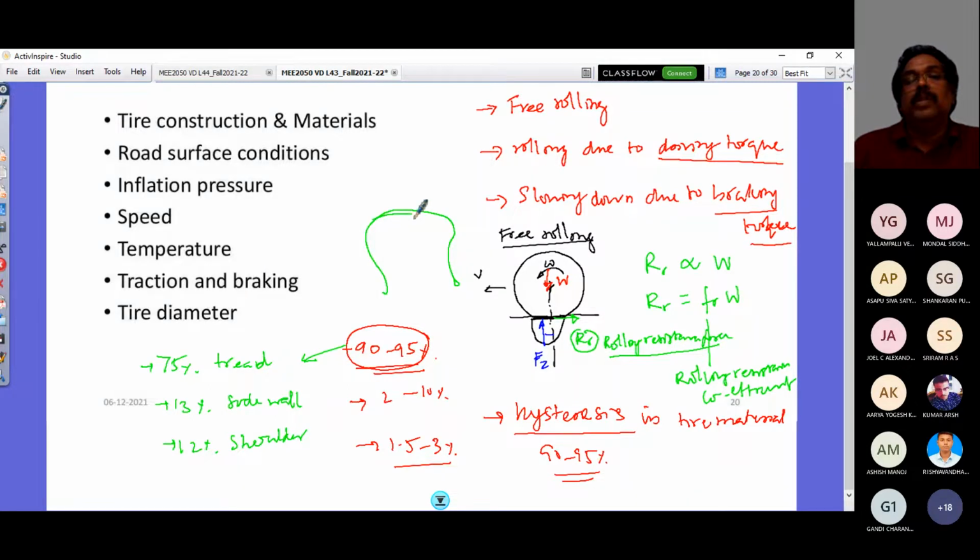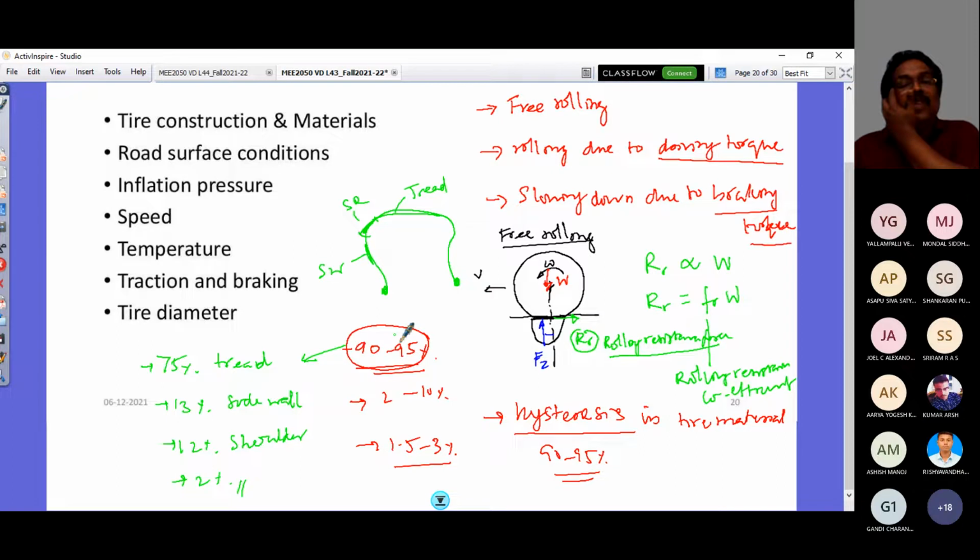This is the tread, this is the shoulder region, and this is the sidewall region. So these are the contributions that come from those, and you also have the beads. The bead is going to contribute maybe 2% of the rolling resistance.